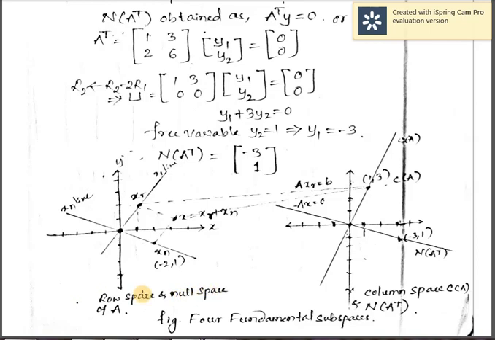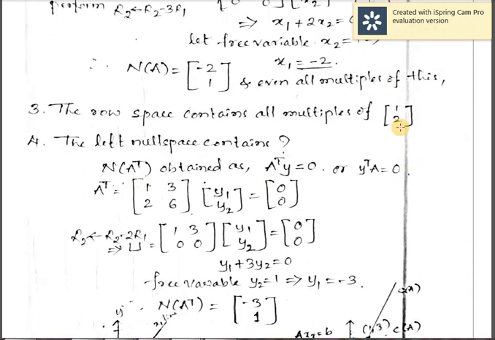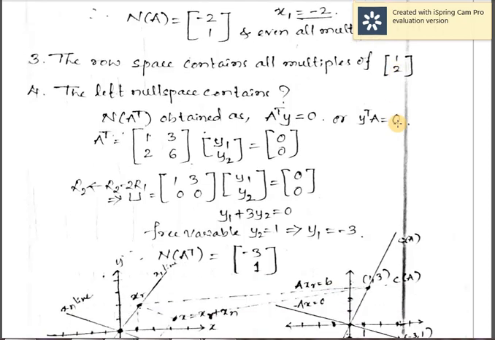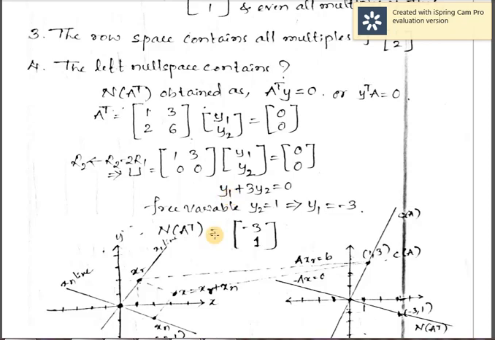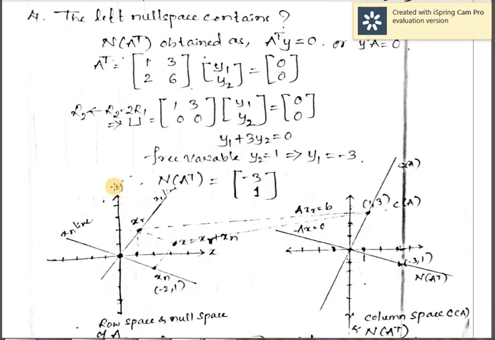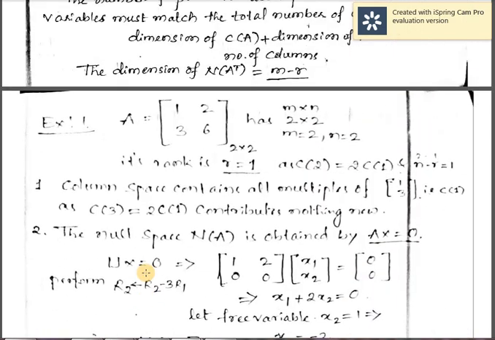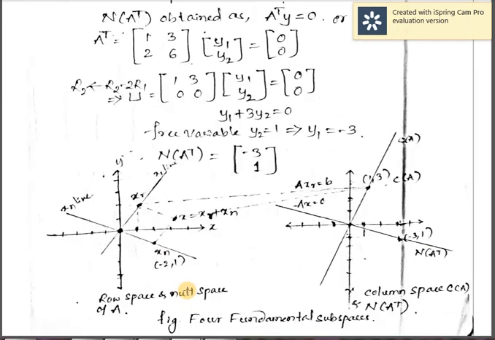The row space is 1, 2. Let's take x and y as the axes. We know the dimension is 1, which is equal to the rank of the matrix. The rank is 1, so the dimension is 1, which means we'll be representing them in the form of lines, because the dimension is single.